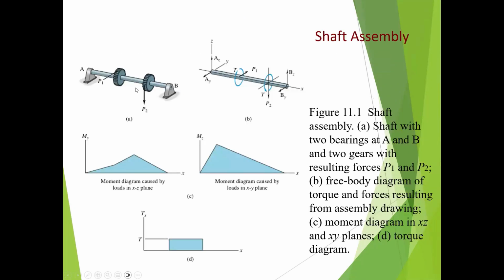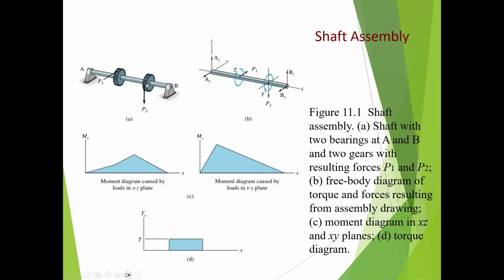Here is the shaft, and we have 2 gears. This gear has a pulling force P1, and this gear has a pulling force P2. We just remove the 2 gears and apply P1 here, and we have a torque because this force is not applied at the center of the gear.